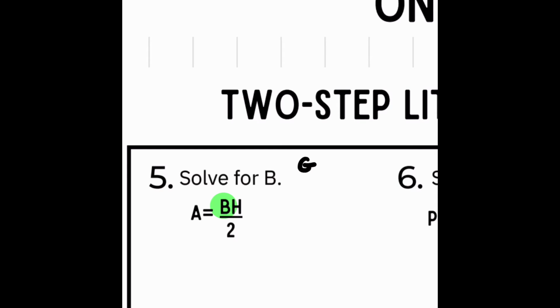If I think about my order of operations and I think about GEMDAS, we're going to be working backwards, okay? When I'm looking at this problem, I cannot do anything with the numerator until I get that 2 out of the denominator. So I'm going to multiply by 2 first.